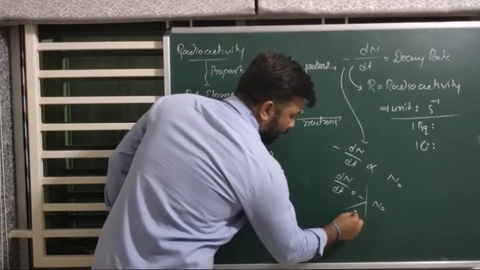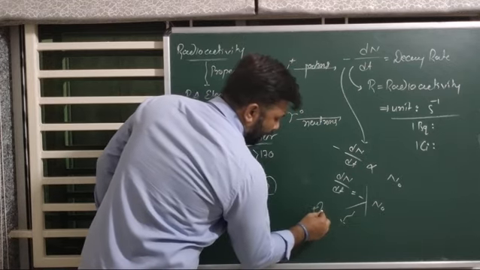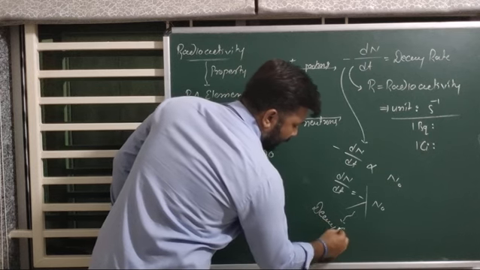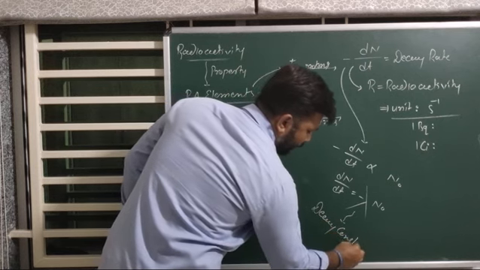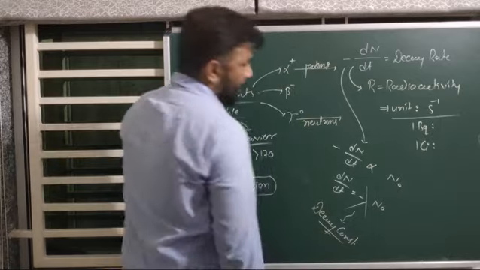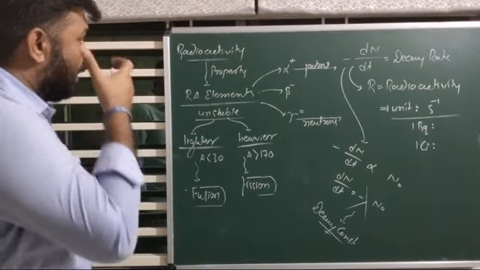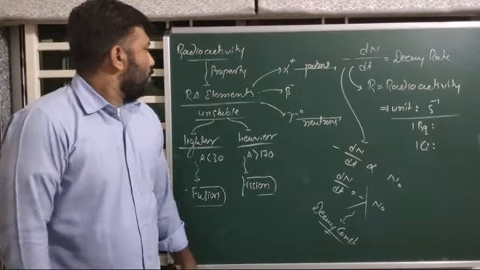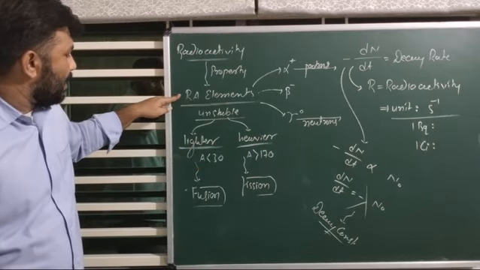What is this lambda? This lambda is known as the decay constant. Clear? So this much information is okay for radioactivity.